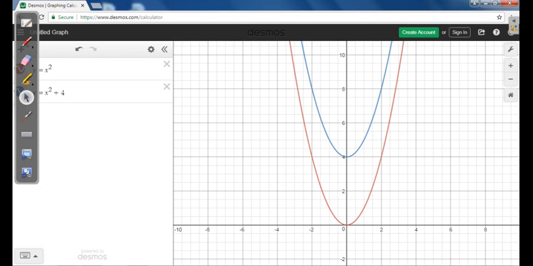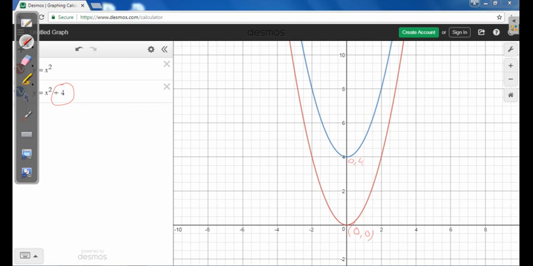So instead of being here, it got translated 4 units up. So that plus 4 caused a vertical translation 4 units up. It caused the vertex to change from (0, 0) to (0, 4).